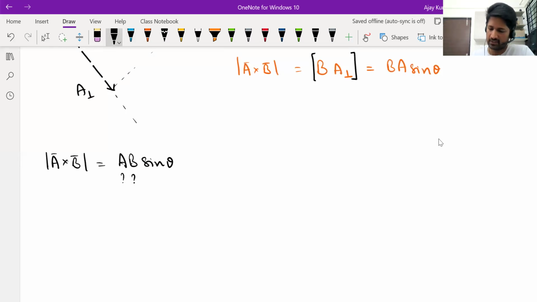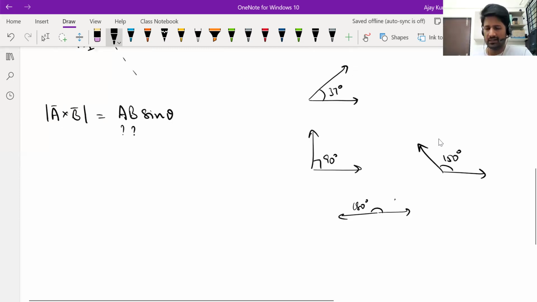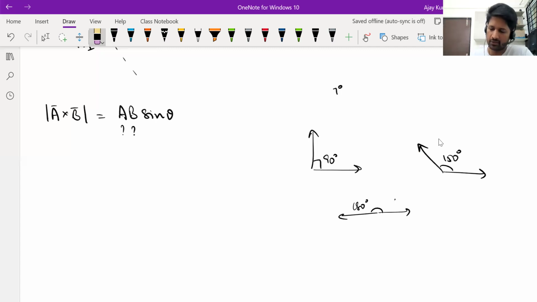For example, if one vector is like this and one vector is like this, the angle may be around 37 degrees or something like that. Suppose one vector is like this, one vector is like this, 90 degrees. If one like this, more than 90, maybe 150 degrees or something like that. If they are opposite, it is 180. It cannot be anything more than that. So the maximum angle between two vectors is 180 degrees, minimum is 0. It all depends on how they are oriented.